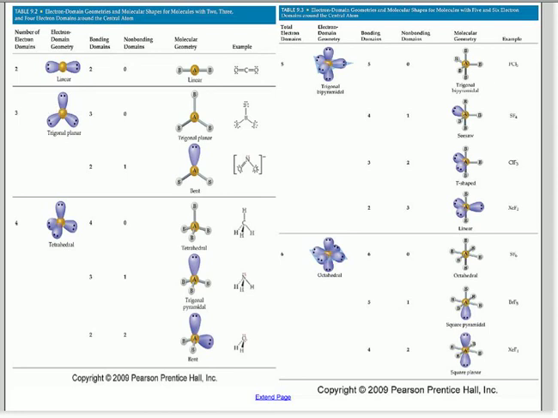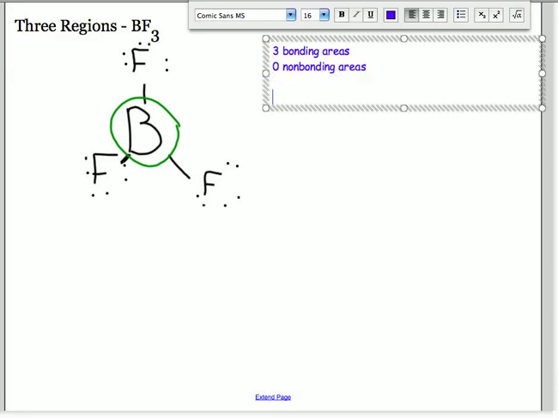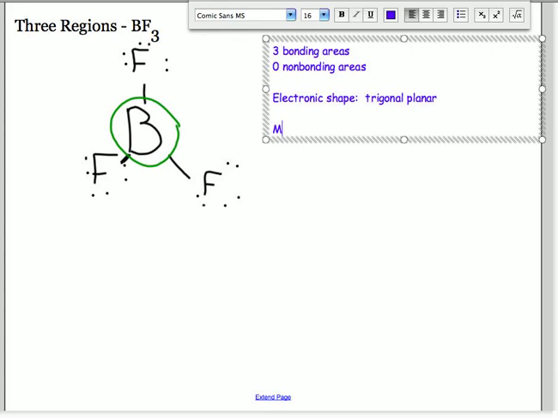We have 3 bonding, 0 non-bonding, so we're based on a trigonal planar. And in this case, we are a trigonal planar. In fact, this is the example of a trigonal planar. So our electronic shape is trigonal planar, and our molecular shape is trigonal planar.